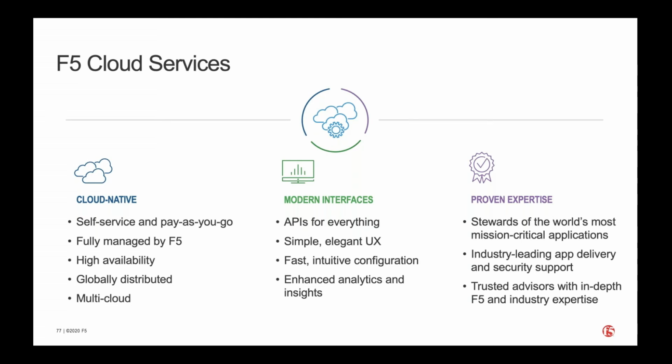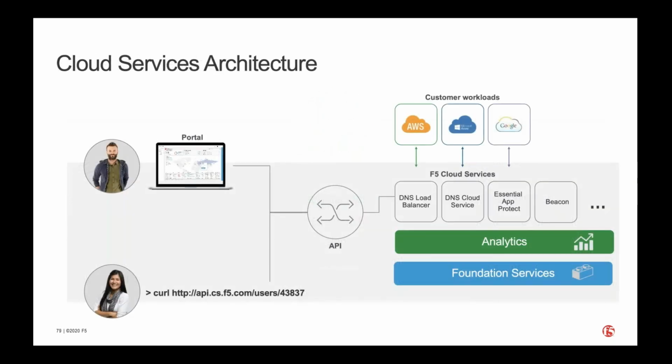With that knowledge, they've now built different SaaS services. As you can see, these different SaaS services can be configured via portal or via an API call. They can manage different workloads, and the cloud services themselves, like the DNS load balancer, the DNS cloud service, Essential App Protect, and Beacon, are all integrated into one portal.